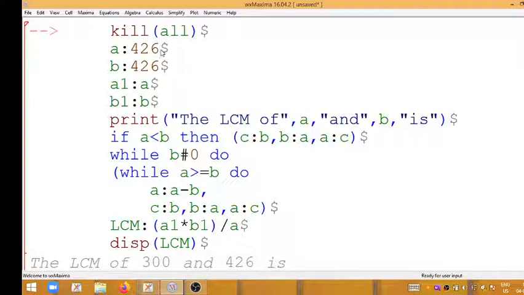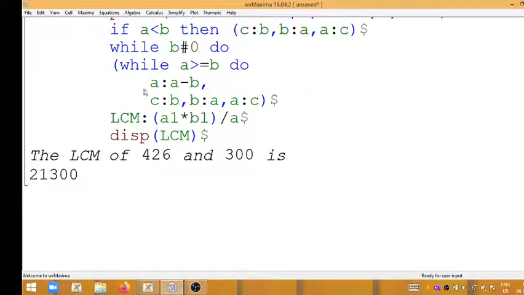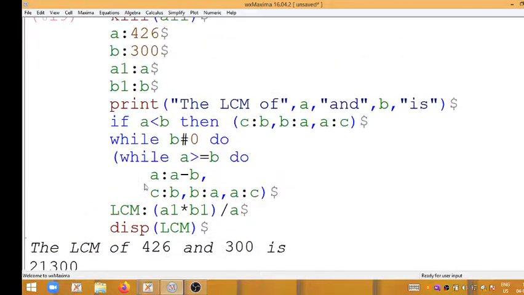Observe carefully: by interchanging like this, the value can't change. Writing 426 here and 300 next, the same answer 21,300 comes. Okay, my dear students.